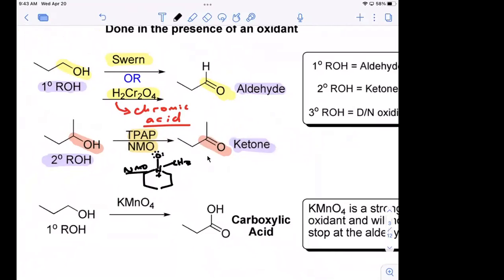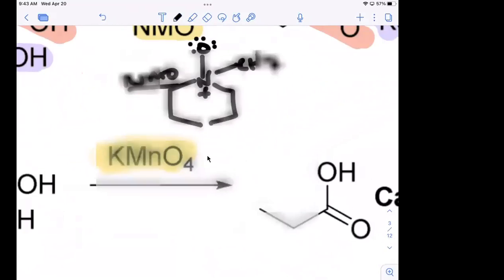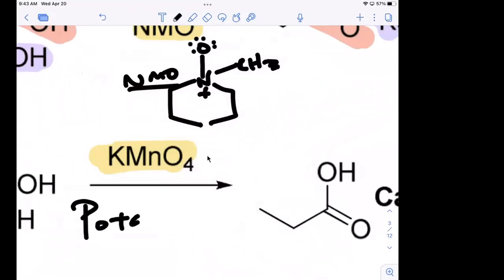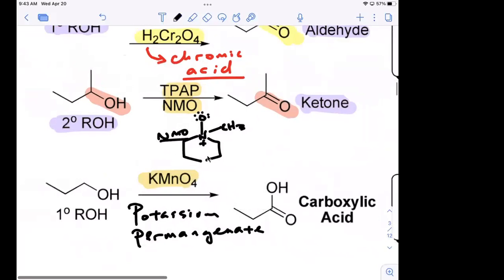And then if you take a primary alcohol and potassium permanganate, which is here, this is potassium permanganate.